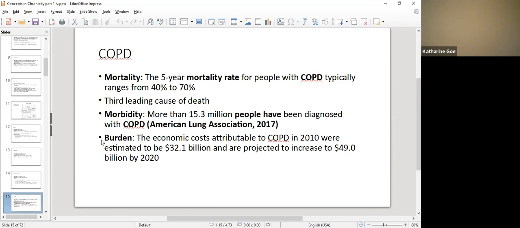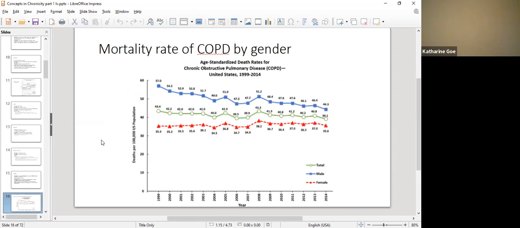Of course, as you know, these statistics are a little off because of the COVID pandemic, but I keep them here because once the pandemic has run its course, probably we will get back to closer to these leading causes of death. It's interesting that there's kind of a disparity in mortality rate across gender.